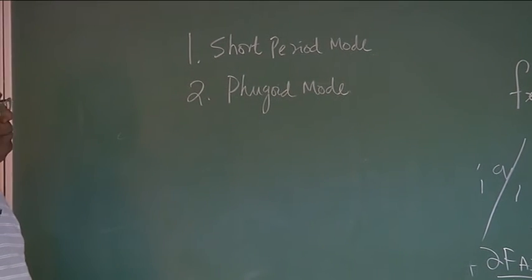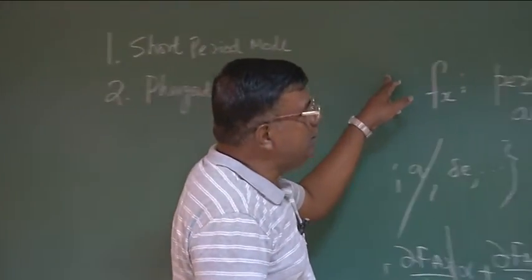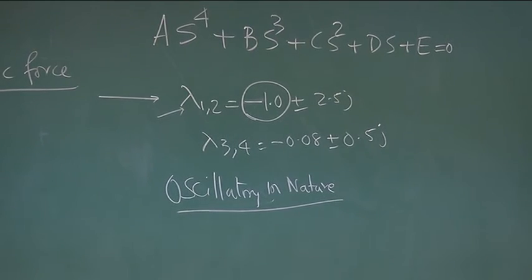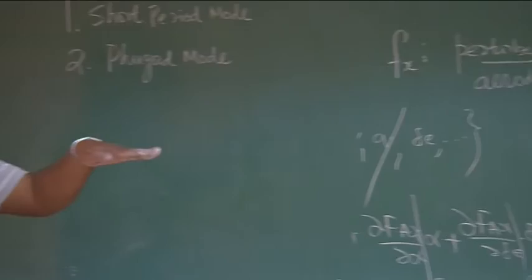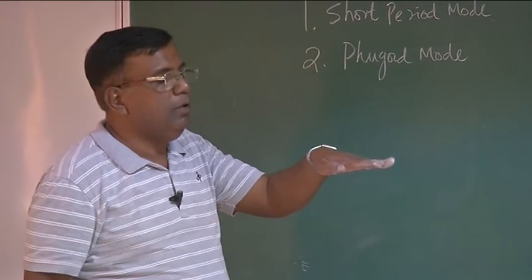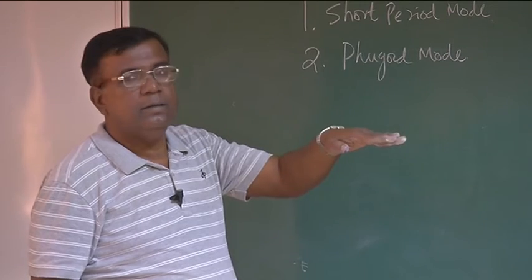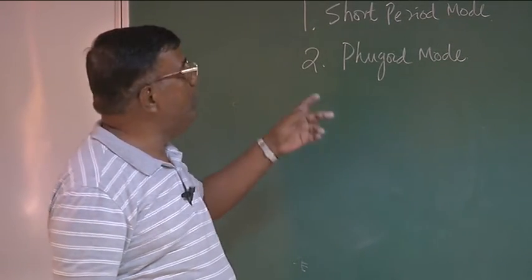Okay. What is the short period mode? Short period mode will correspond to this because its real term is large negative. And typically, if the airplane is moving like this in a cruise, if I give a short elevator input, one mode will be like this. It will immediately come back to the equilibrium. This is transient. So that is the short period mode.